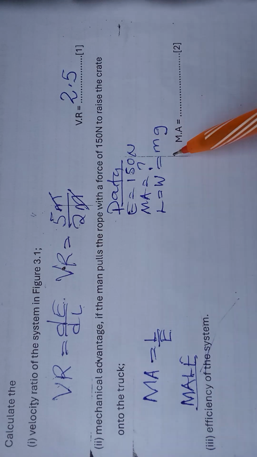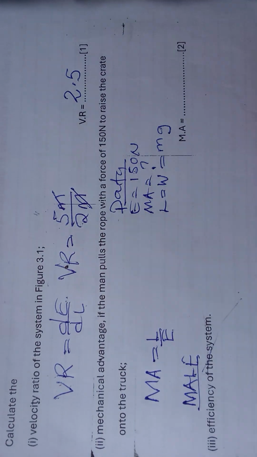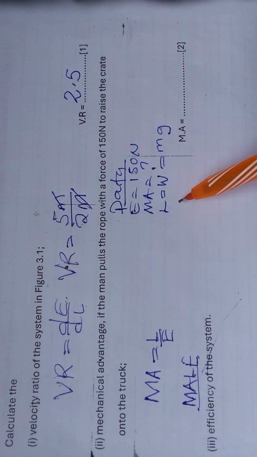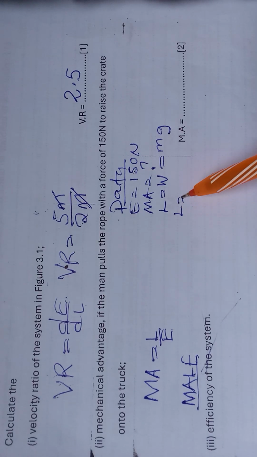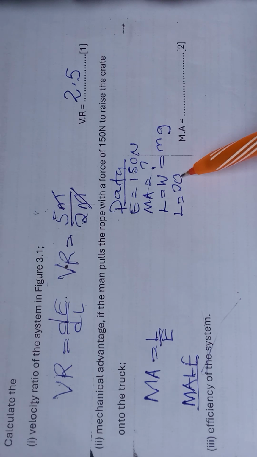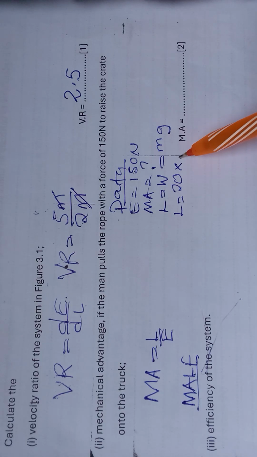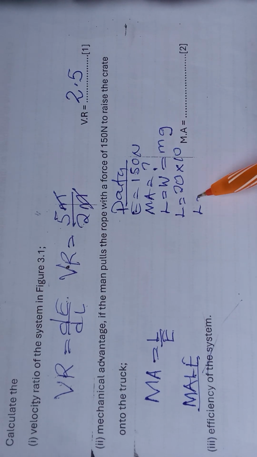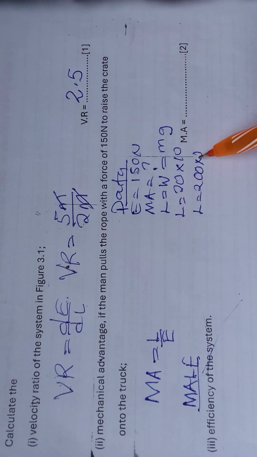Therefore, to find our load, we are going to say that our load is equal to the mass, which is 20 kg for the crate of tomatoes, times the gravity on earth, which is 10, so our load is going to be 200 Newton.